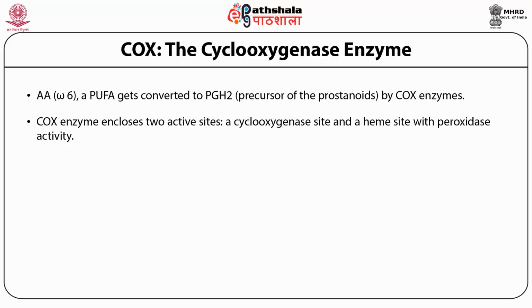Presently, cyclooxygenase 1, 2, and 3 are the three molecular isozymic forms of the cyclooxygenase enzyme that are known.